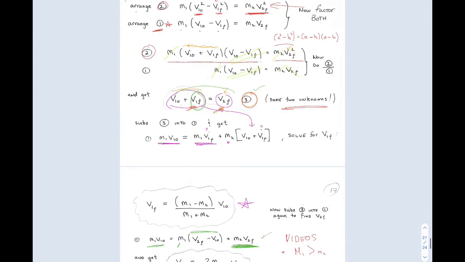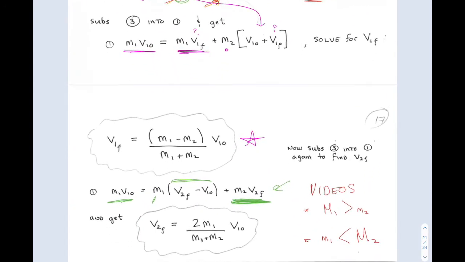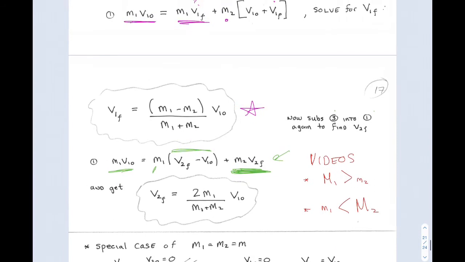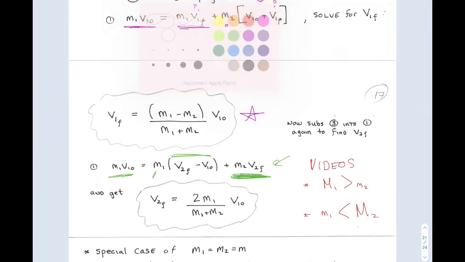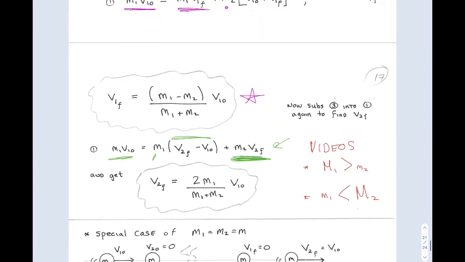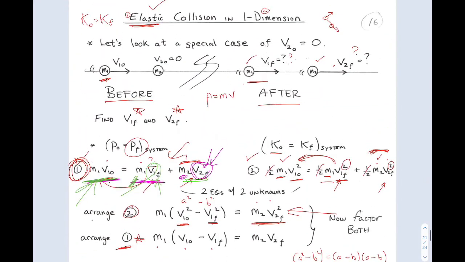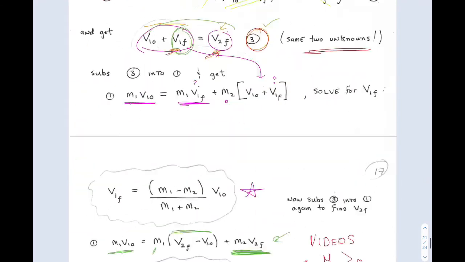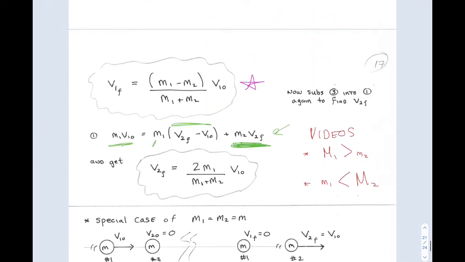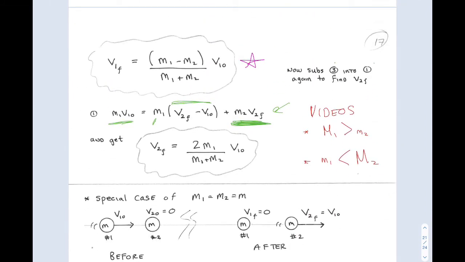So I just did the algebra, combined like terms, and I wind up with V2 final. All right. So using conservation of momentum and conservation of kinetic energy, I found the final velocities of number 1 and number 2. They look like this.